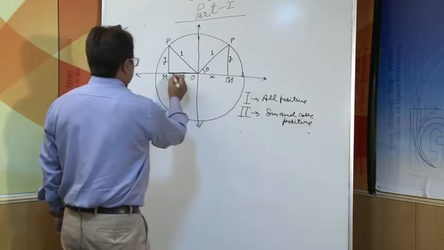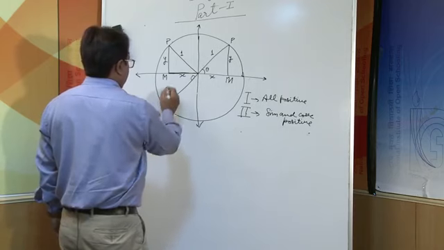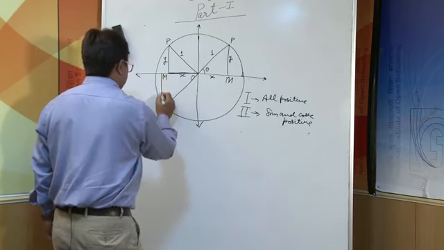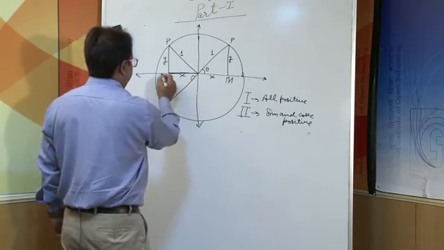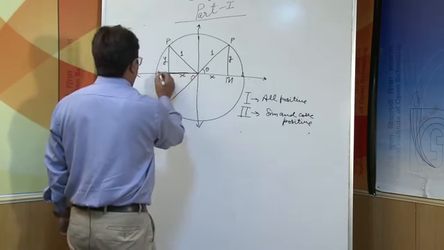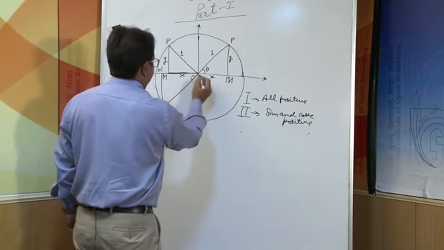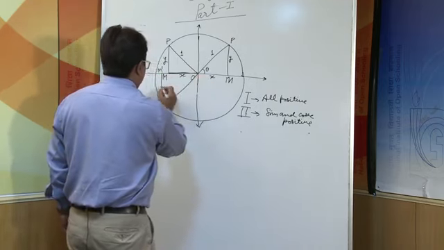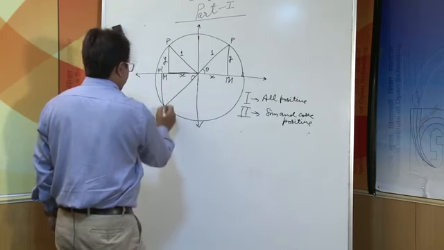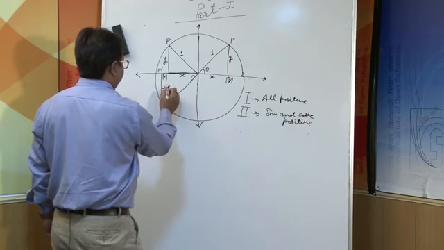Let us move to the third quadrant. Here, now we see the length OM dash is negative and this length M dash P dash is also negative.